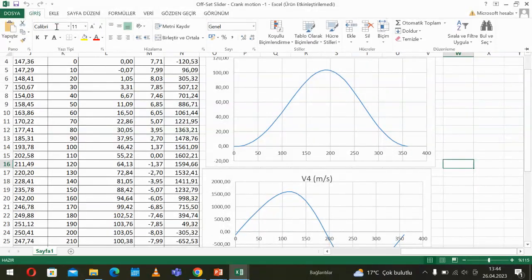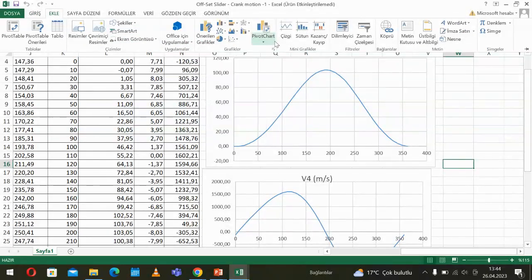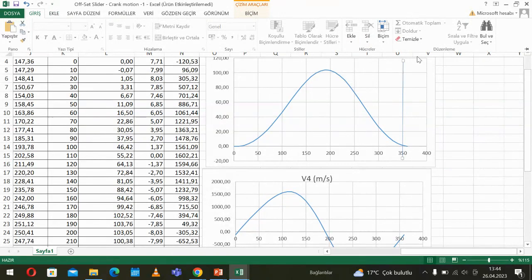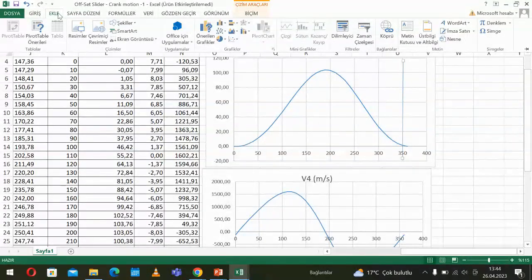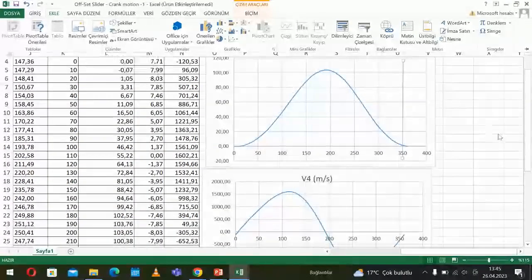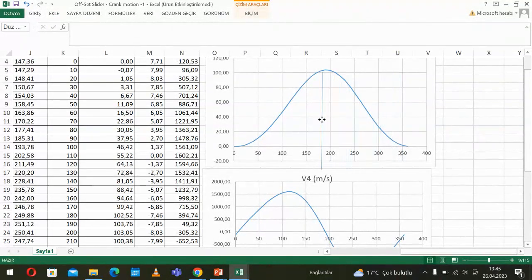Maybe I can show it using a line. So this is the line here.